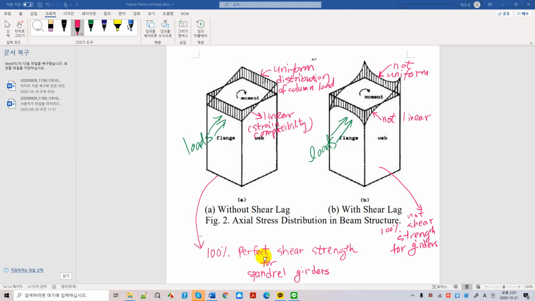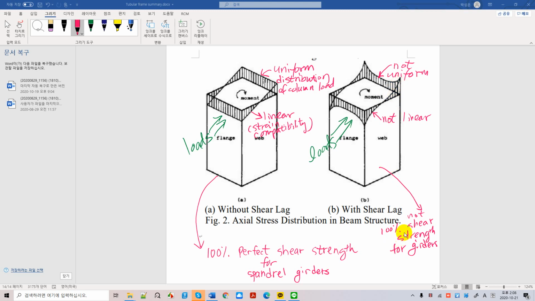So when you have a 100% perfect shear strength for spandrel girders here and here, your load follows a straight line. Whereas here, your load on the web frame follows a curve that is reduced from the straight line, here and here as well.